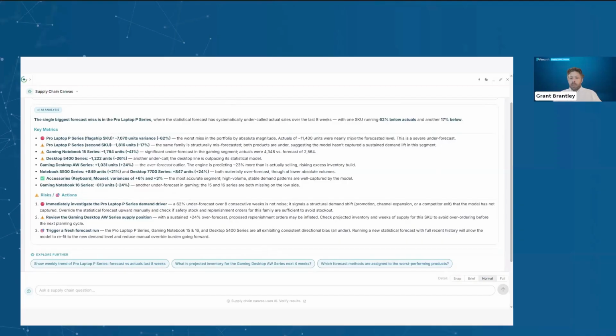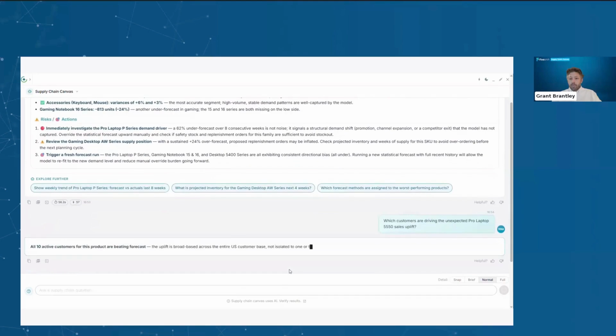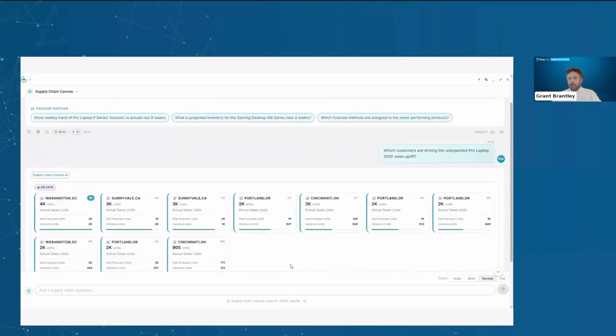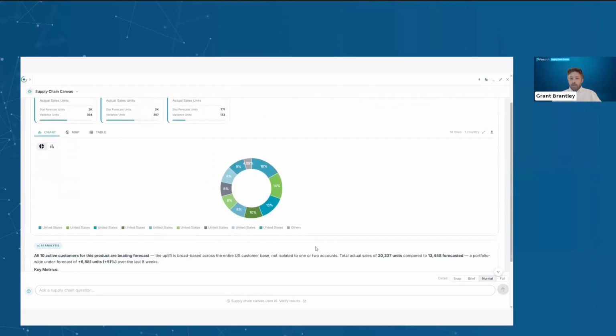So from here, the next thought would be, okay, we see where we're under forecast. Do we have specific customers that might be driving this sales uplift? So now I'm going to go through and ask Canvas about those customers that might be driving the uplift. And we'll see here that it's not just one account. We're getting the card showing us where those accounts sit.